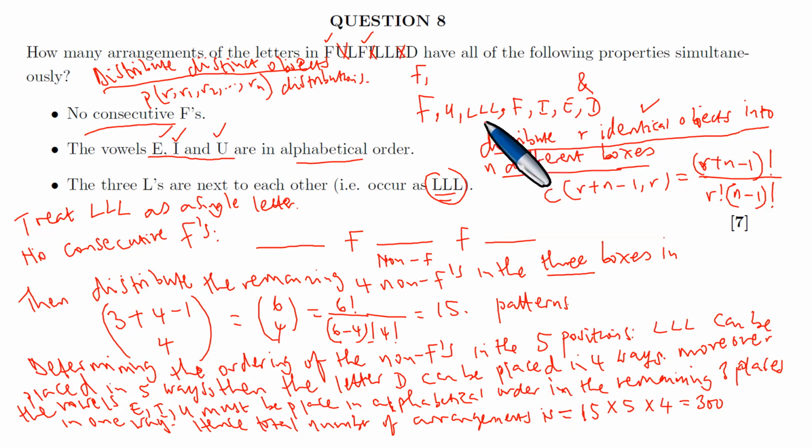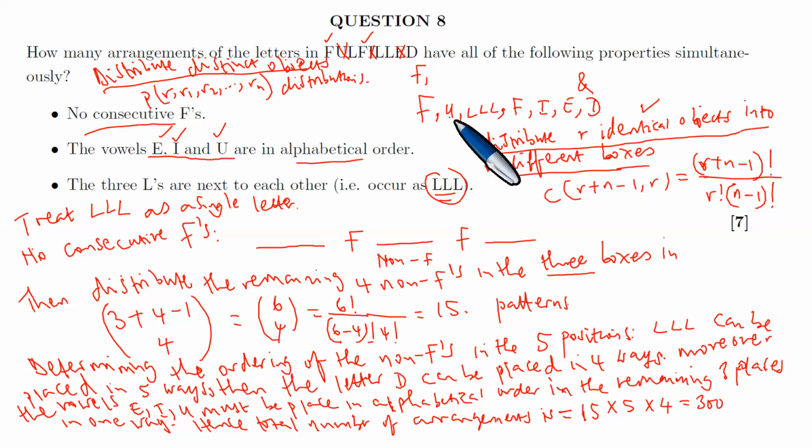And then now we looked at the L's as another symbol. And then we looked at the D as one more symbol. Right, so the question therefore is, how many non-Fs are there altogether?